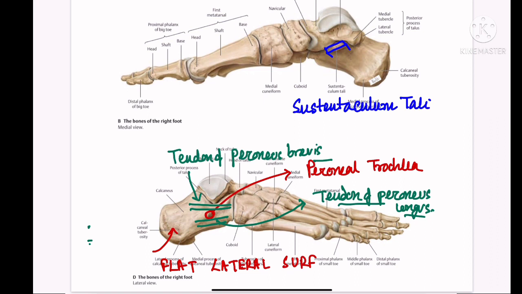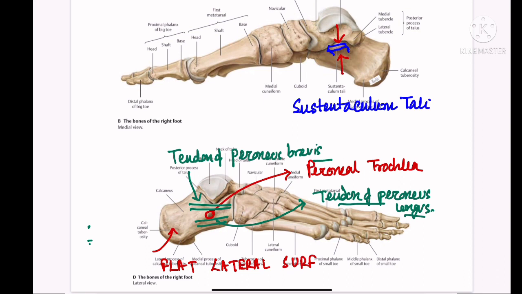This shelf-like projection, or sustentaculum tali, has a superior surface and an inferior surface.